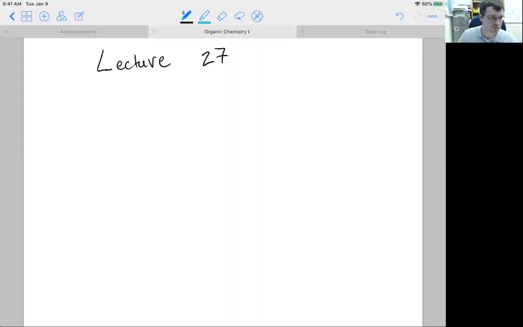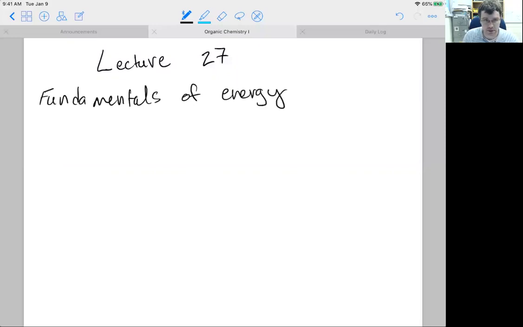So let's get our notes in front of us. And what we're looking at are the fundamentals of energy. To keep things simple, we're going to focus on the two broad types of energy.